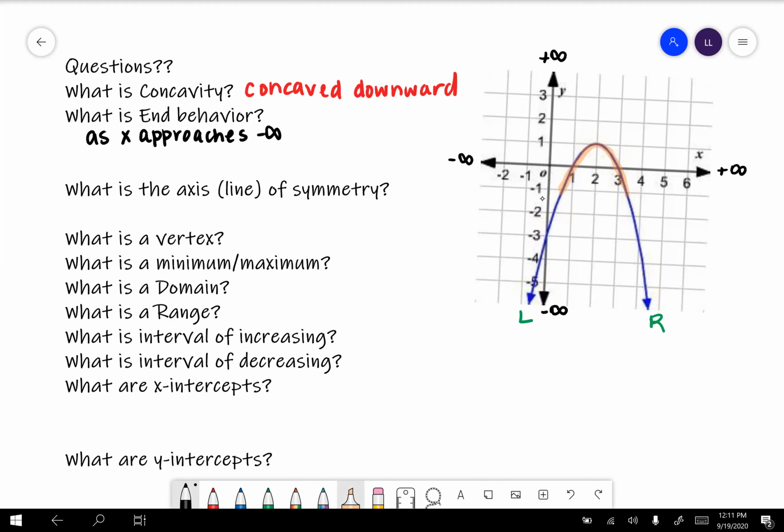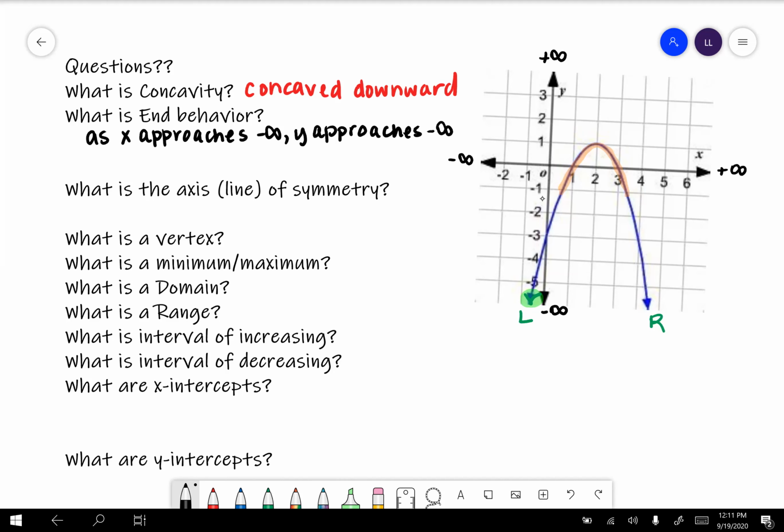We see here that the y values at the ends are going off to negative infinity. If this graph were to continue on forever and ever, it would go off to negative infinity. So y approaches negative infinity on the left-hand side.